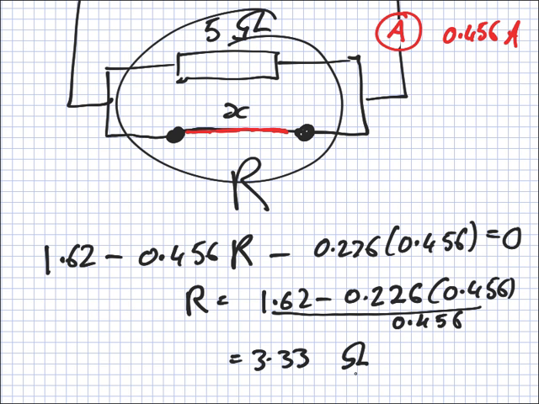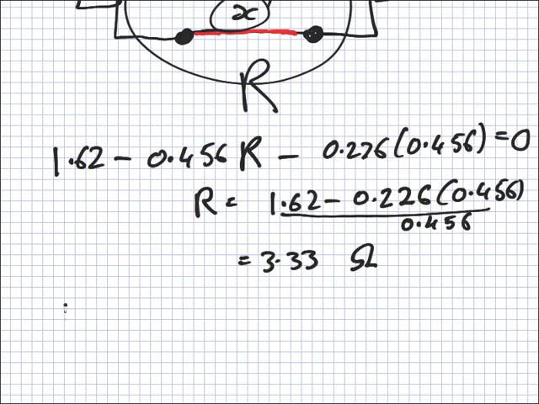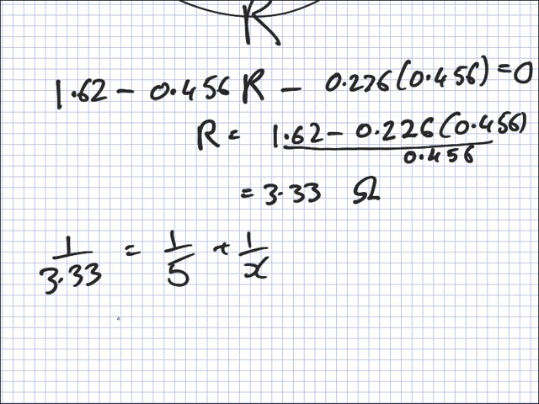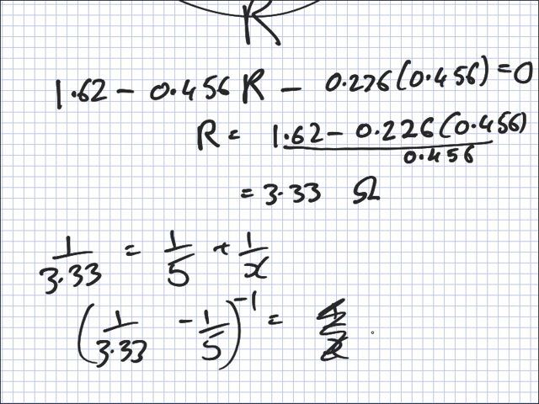But of course that's not what I want. It was the X that I wanted. So now I can say that 1 over 3.33 equals 1 over 5 plus 1 over X. So 1 over 3.33 minus 1 over 5 is 1 over X. So if I flip it, I can get the X. What's that now?